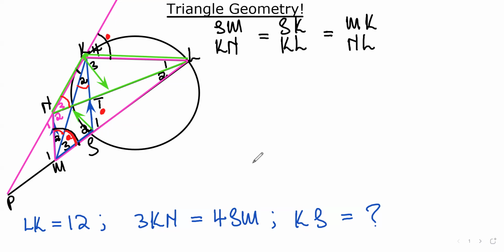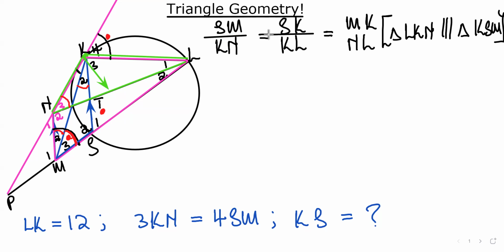You don't need to write all three of them once again. But of course, this is because the two triangles are similar. What are those? LKN is similar to KSM. Well, of course, you'll give them something like this.